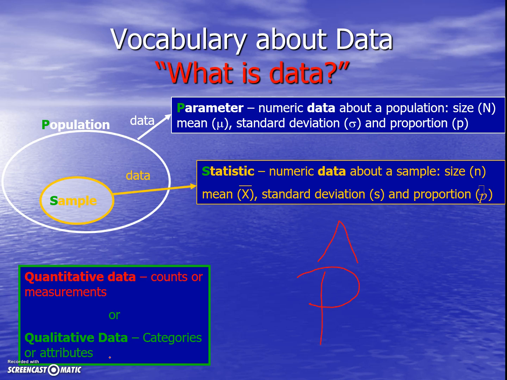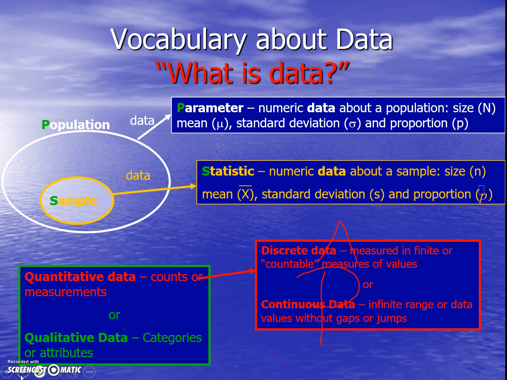We also talk about whether the data is discrete or continuous. Discrete data is measured in countable measures, whereas continuous data is an infinite range of data values without gaps.